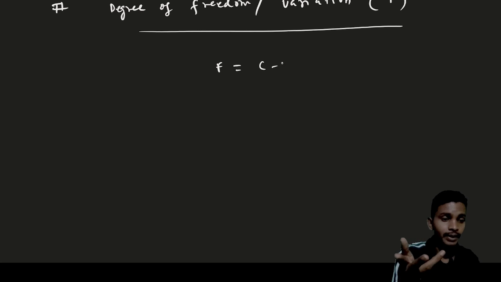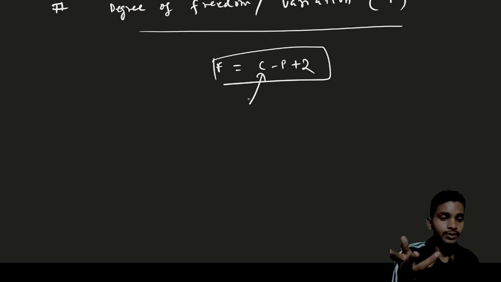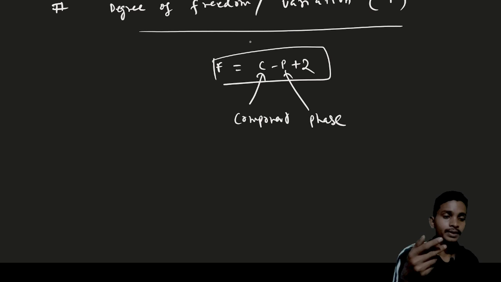Mathematically, F is C minus P plus 2, where C is components, P is phases, and F is degree of freedom.